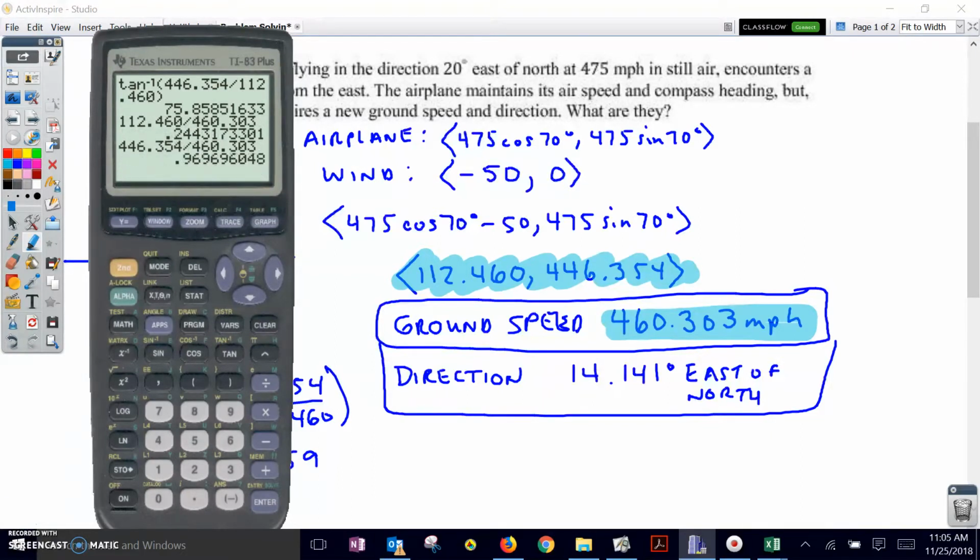And so the unit vector that represents the direction would be 0.244, 0.970. But like I said, I think in the context we're better off with this angle representing the direction.